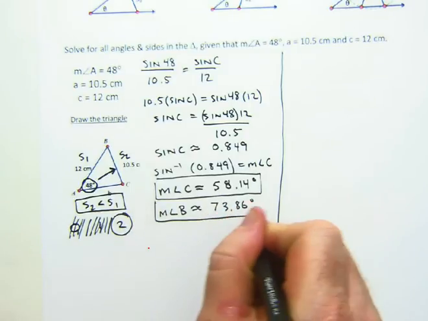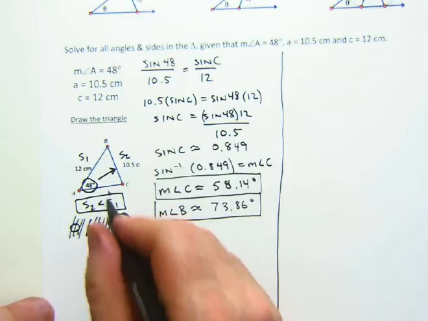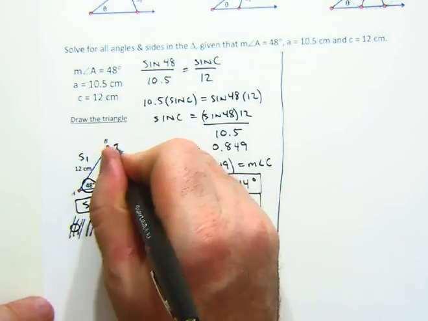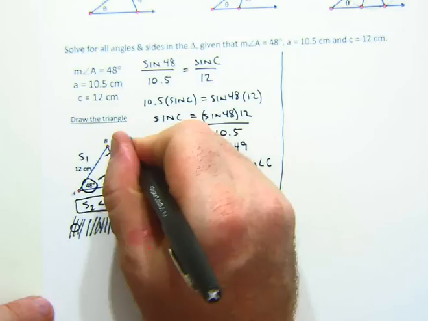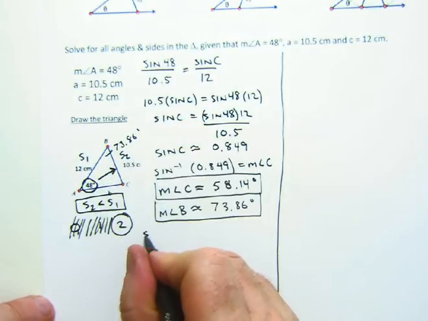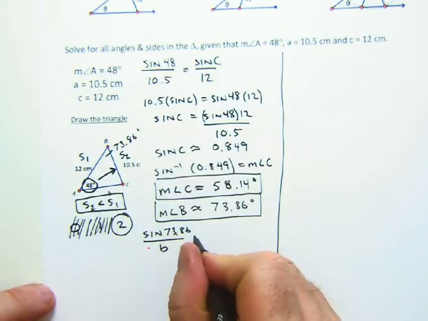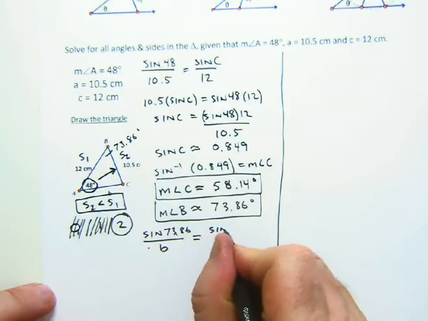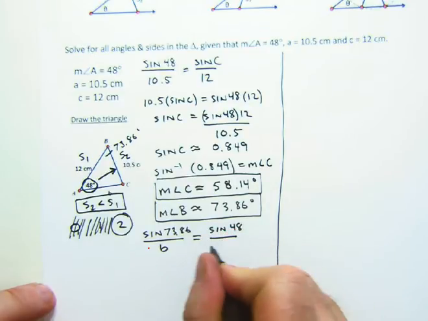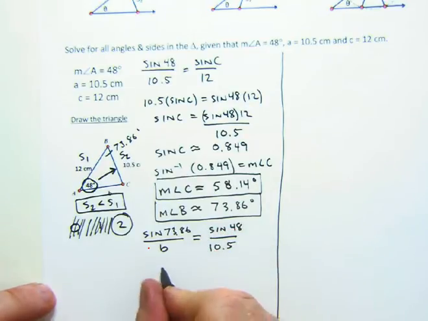And to finish this triangle off, I'm going to find little b, the side b. And so I do the sine of 73.86 is to b as the sine of 48 is to 10.5.